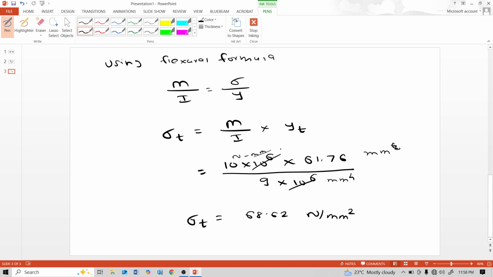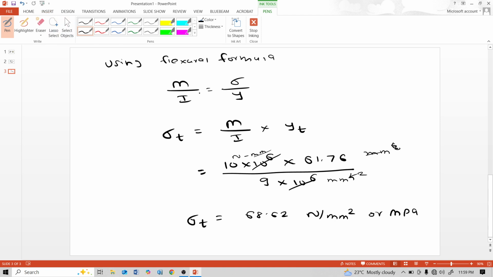The mm raised to 4 and mm square are cancelled, that means Newton per mm square. Yes, sigma T is 68.62 Newton per mm square. That means tensile stress is 68.62 Newton per mm square or MPa. Newton per mm square and MPa are similar.